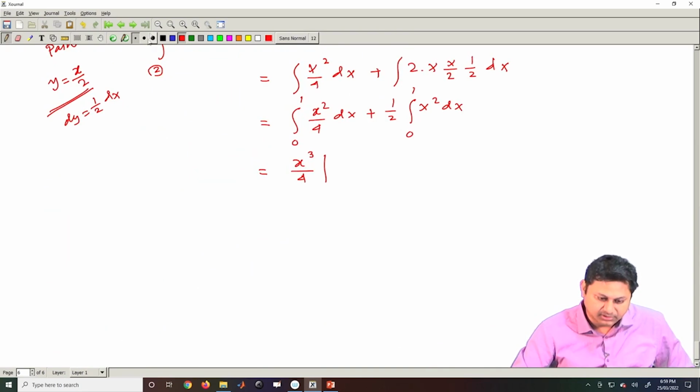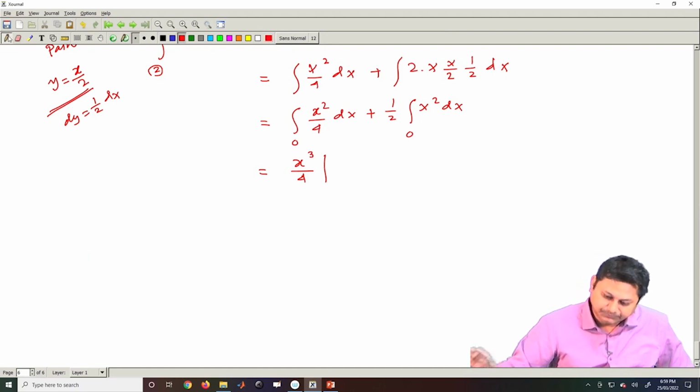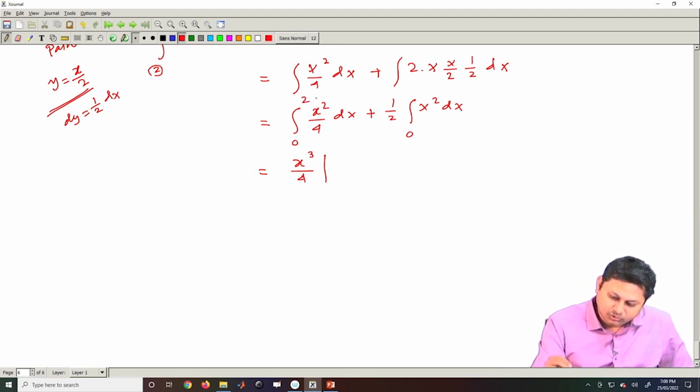We have to be careful here. So this limit is not 1, but 2. So it is 0 to 2, and then half x cube by 3.